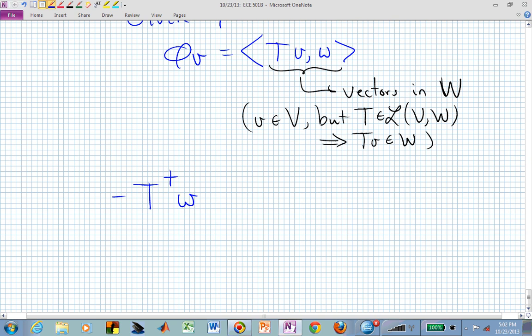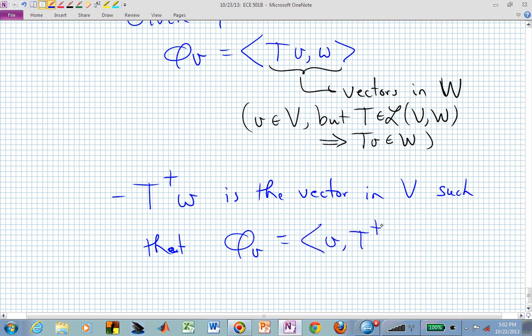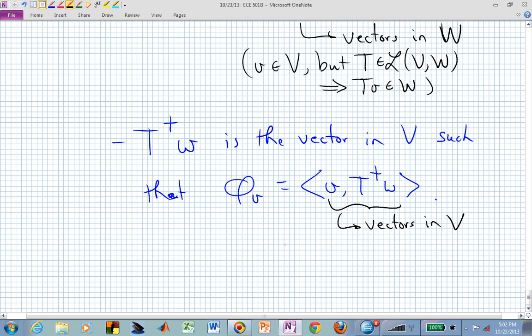That was an operator from W to V. So T dagger W is the vector in V such that phi V, which is the linear functional on V, is actually equal to the inner product of V with T dagger W. And these vectors are in V. Since W is in W, but T dagger is this linear, well, we'll show it's a linear map.